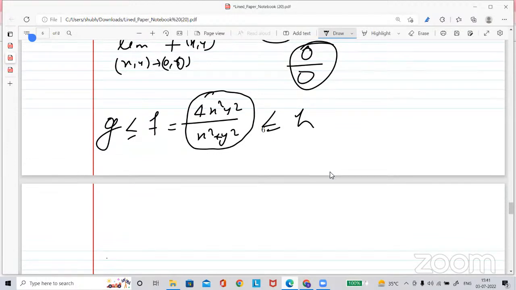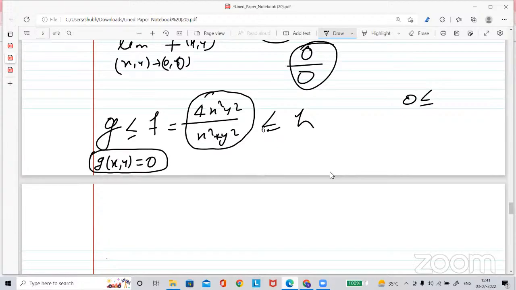Because all are squares. The value of this function is always going to be positive. So one thing we have: f is always greater than or equal to 0. So what we can do, we can assume g(x, y) is equal to 0, right?